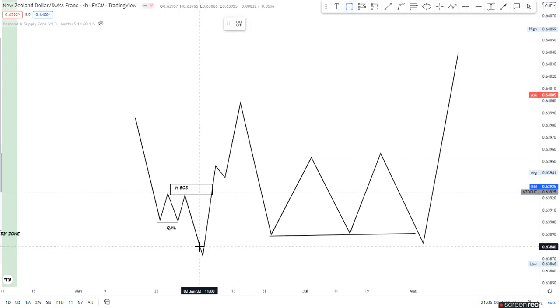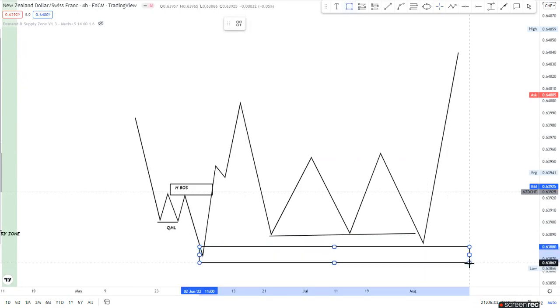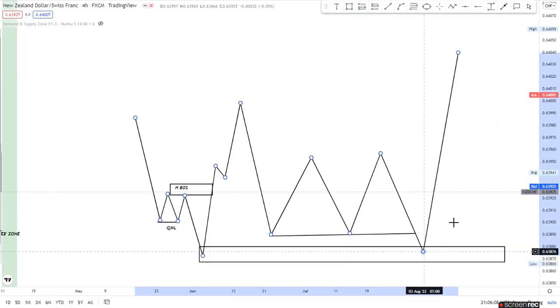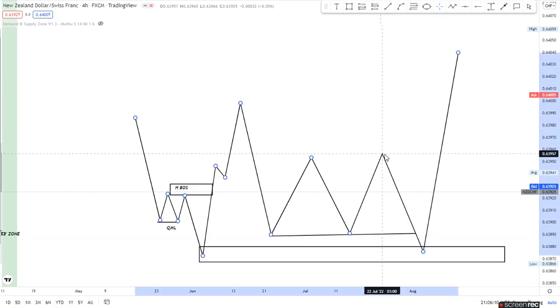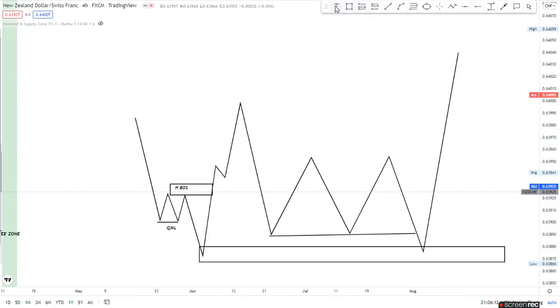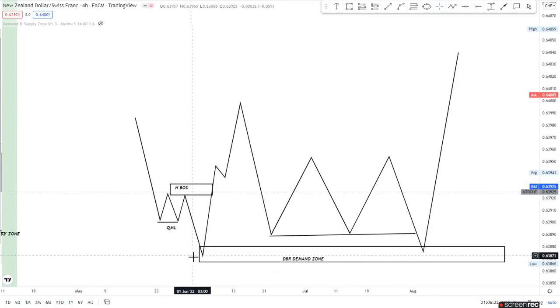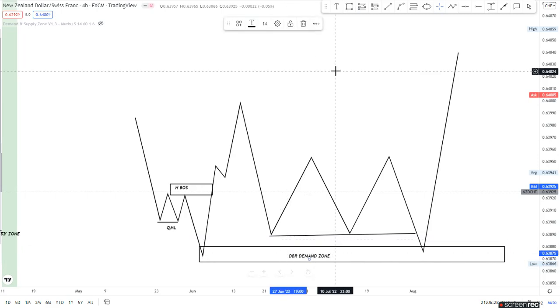And what we're waiting for is for market to break the structure and then come to our drop base rally supply zone. So we want the market to come and test our level like that. Okay, so this here is my drop base rally demand zone. Okay, this is a drop base rally, then this is the drop base rally demand zone.